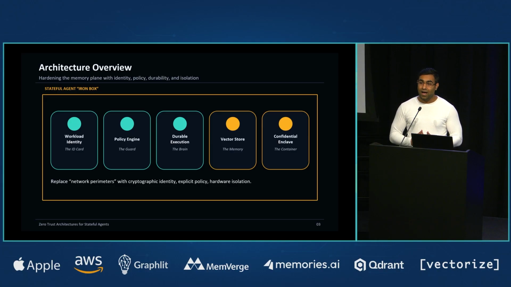And the confidential enclave. Actually, confidential enclave is a term which a lot of people understood as confidential computing in the past, but a confidential enclave is even more important when you want to build agents. I'll explain what a confidential enclave is and how it's done when you're building your own agents. Most of the time, cloud providers provide this, and you would not have to go and learn about it.